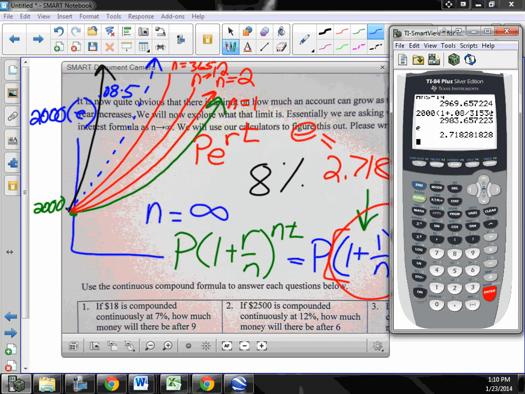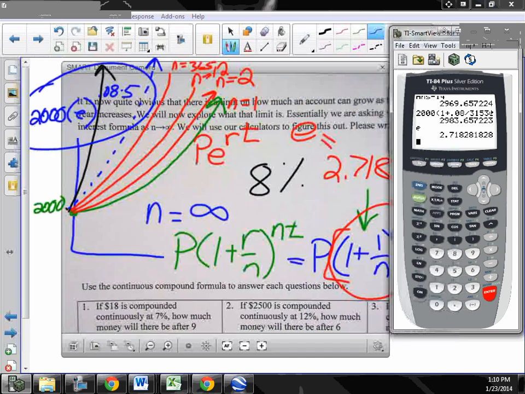Okay, but how different do you think this is going to be from that every 3 second thing that we did on the back page, on the front page? Hardly different at all. What was the difference between every second and 3 times a second? 1/1,000,000th of a penny. So what's the difference between 1 second and continuous?